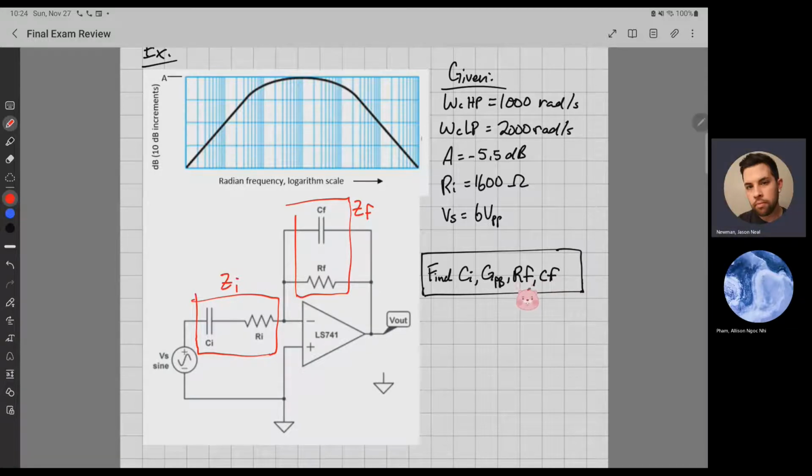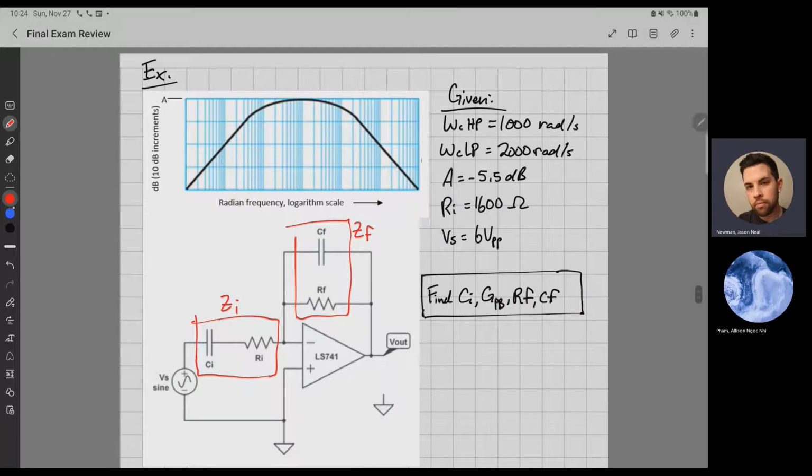Before we start solving, just for reference, let's see what that looks like on the Bode diagram. A is this amount right here, your maximum gain, negative 5.5 dB on the y-axis. Omega C from the high pass passes high frequencies and blocks low frequencies, so these are higher, these are lower.